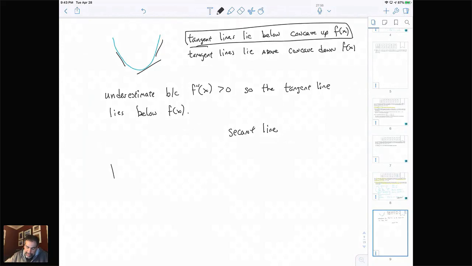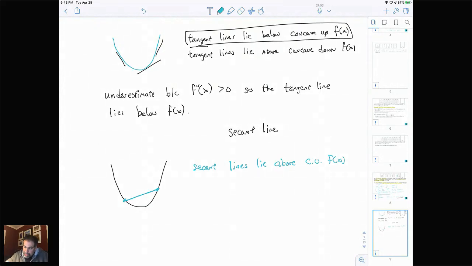So if you have a secant line to a concave up shape, that means you're going to have a point here and a point here. Secant lines always lie above a concave up shape. Okay, so secant lines always lie above a concave up shape.